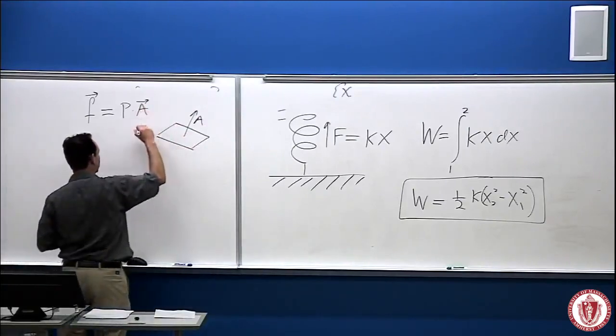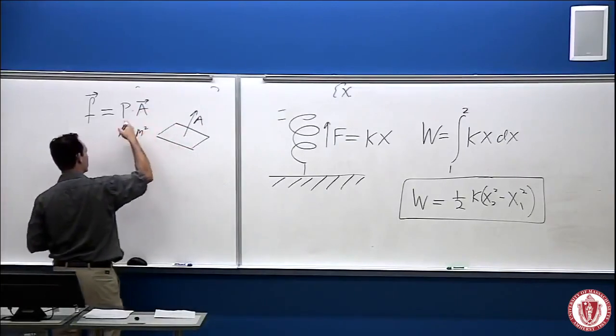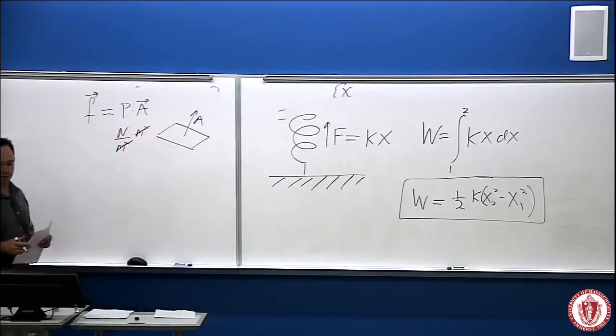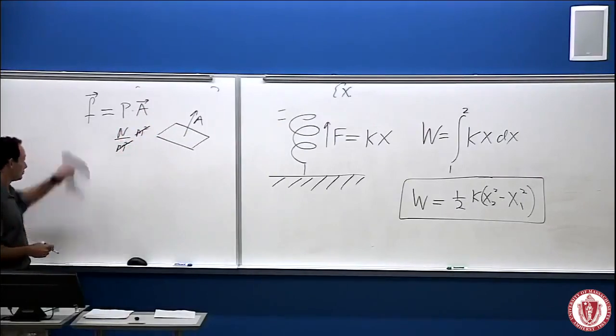So area is measured in meters squared. Pressure is measured in newtons per meter squared. So, of course, the force has units of newtons, just like it should. And the direction of the force is perpendicular to the area.